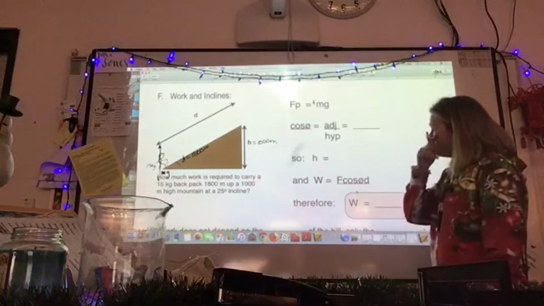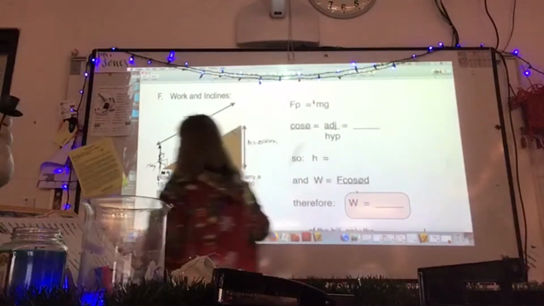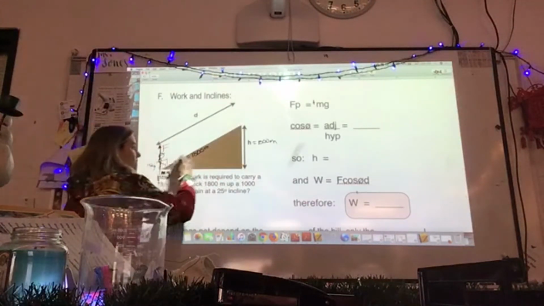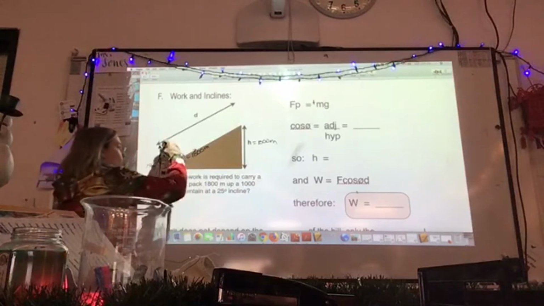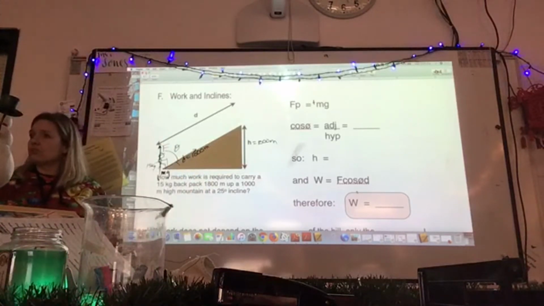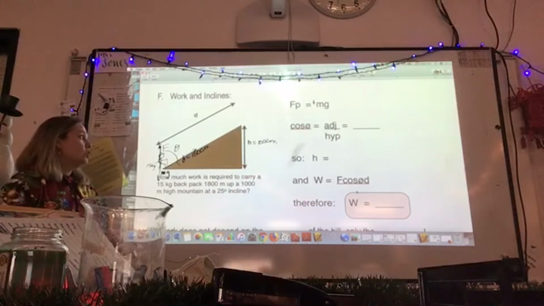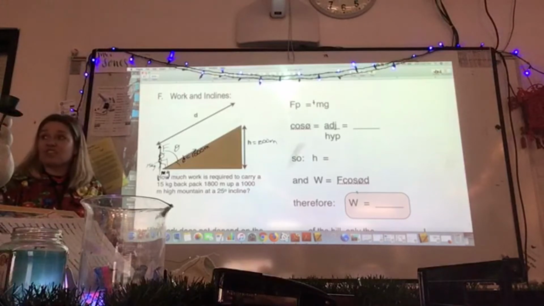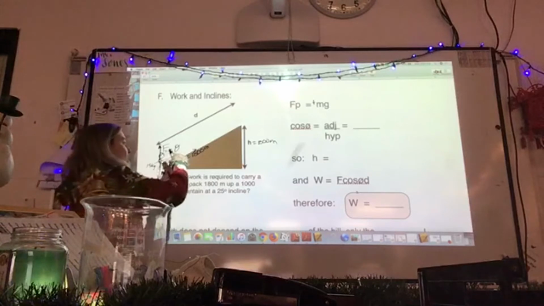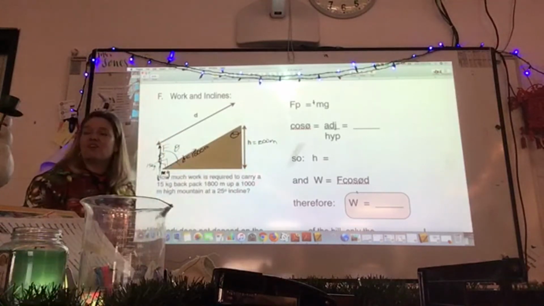Now let's bring out our friend cosine. If this is our force direction and this is our D direction, don't we need the angle between the force and displacement for the work formula we just did? Do you remember your rules of angles, alternate interior angles? Stick with me.